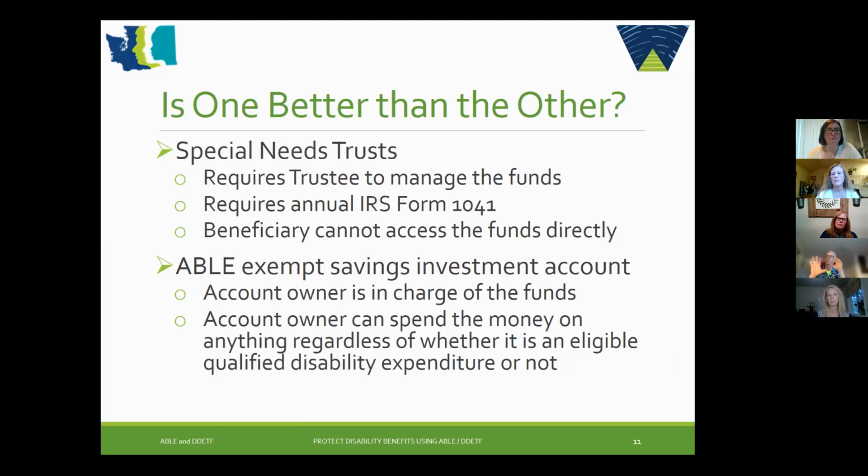Now, ABLE, because of its broader range of disability, assumes the beneficiary, or in ABLE speak, the account owner, is in charge of the funds. So they can spend the money however they want. Hopefully it's always on eligible qualified disability expenditures. And if not, there are taxes and penalties associated with it.